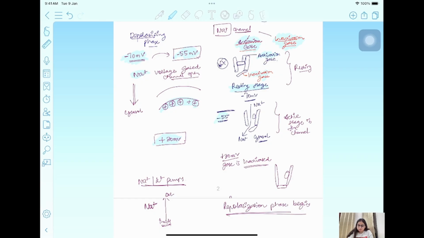When the threshold, which is minus 55 millivolts, is achieved by the membrane, then the activation gate of the voltage channel opens, through which the sodium ions enter the cell from outside to the inside, making the cell more positive, which means at this stage the membrane is depolarized, which means the membrane is more positive towards the inside as compared to the outside.